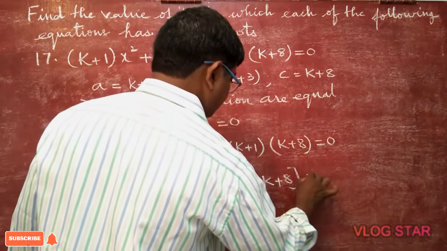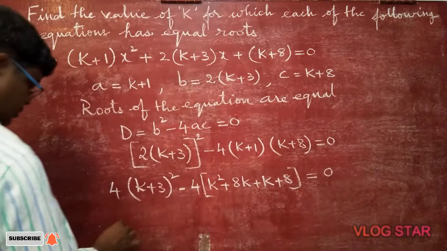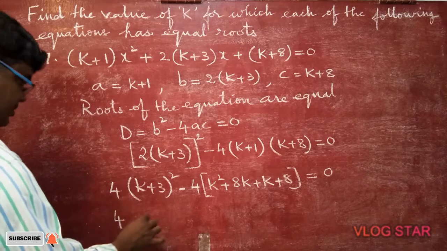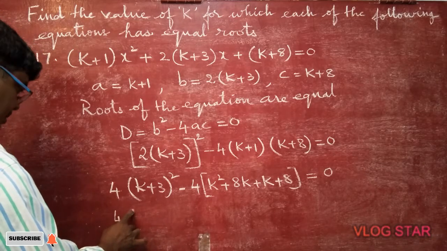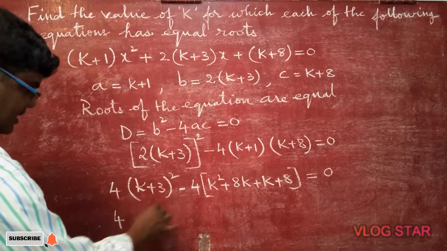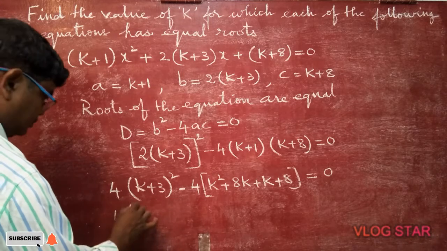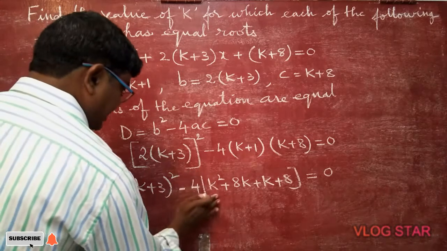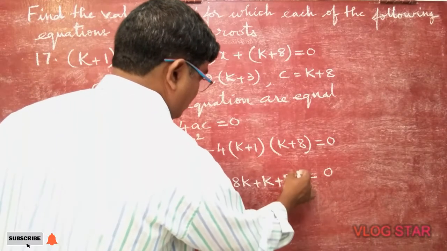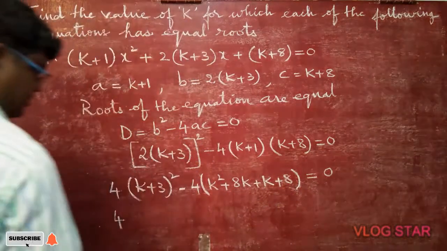is equal to 0. Now 4 into a plus b whole square, the formula everybody knows. What is the formula for a plus b whole square? a square plus 2ab plus b square. If you want to put a bracket, you keep a small bracket, no need for braces, because inside one more bracket comes.